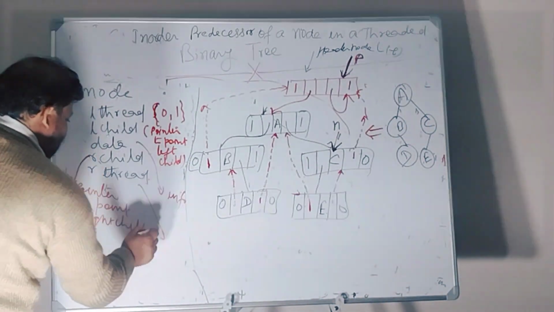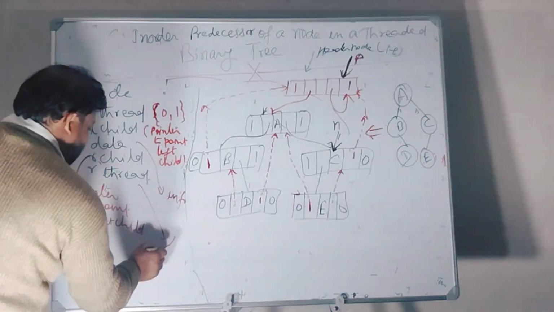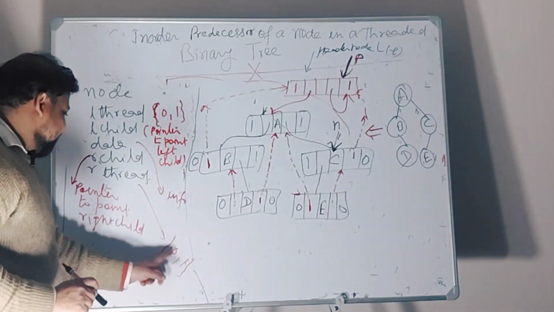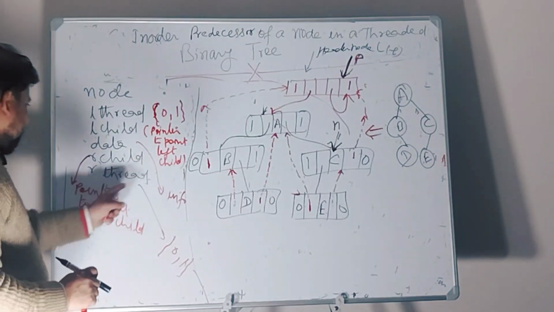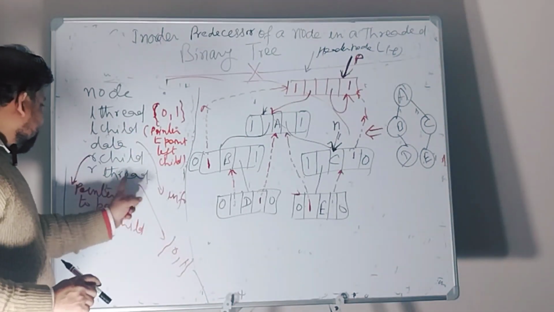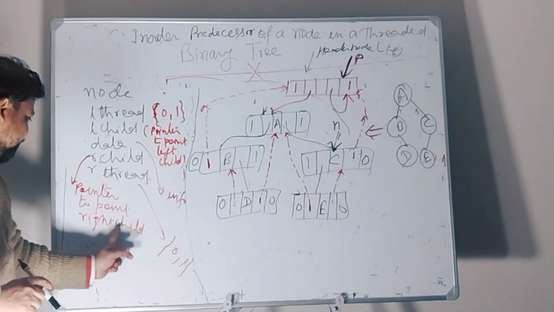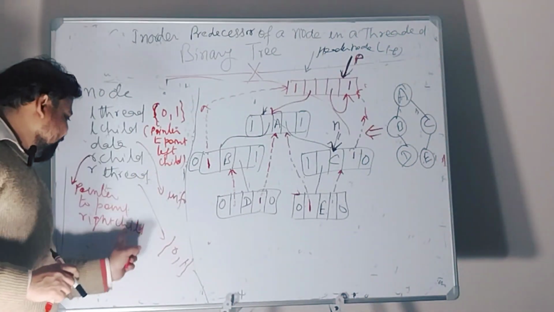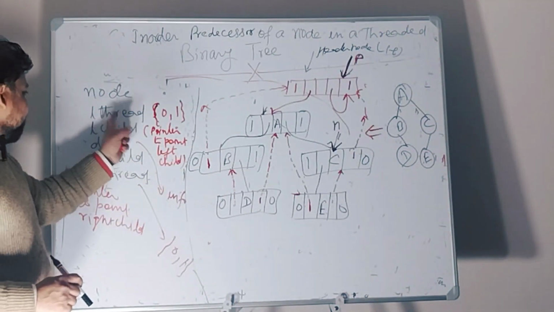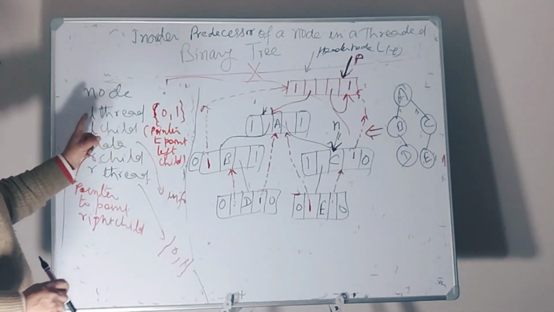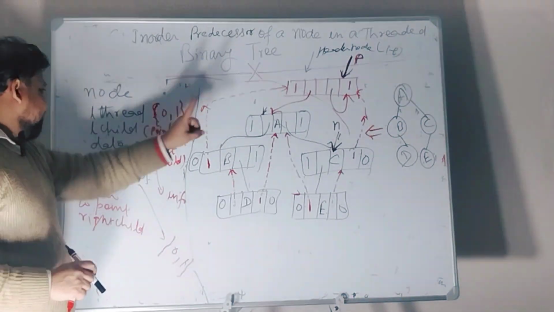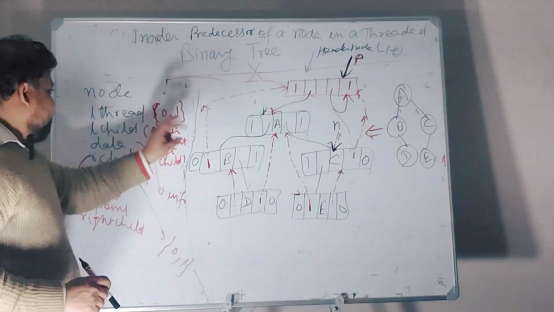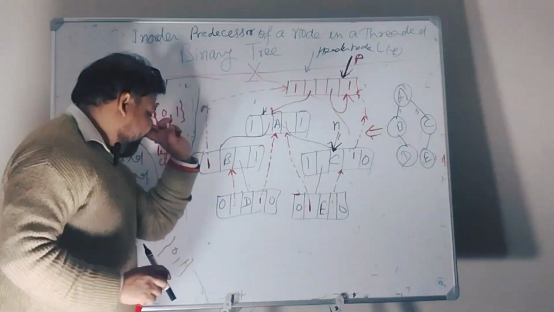R thread will also have the value 0 or 1. If this value is 0, the field R child points to a thread, and if its value is 1, it points to the right child. Similarly, in the case of L thread, if the value is 0, it points to the left thread, not the left child, and if its value is 1, it points to the left child.